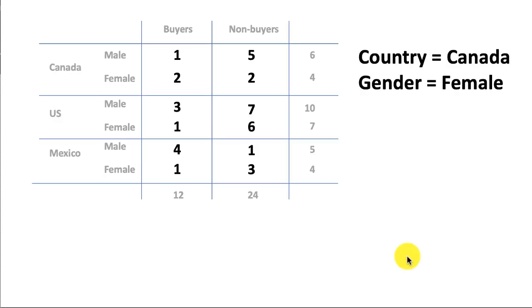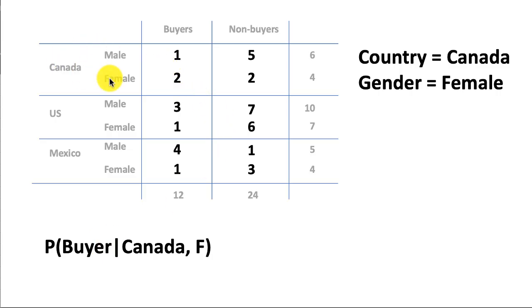Taking another example, suppose you've got a person whose predictor attributes country and gender are Canada and female respectively. What is the probability that they are a buyer? Once again, we can calculate that from here.